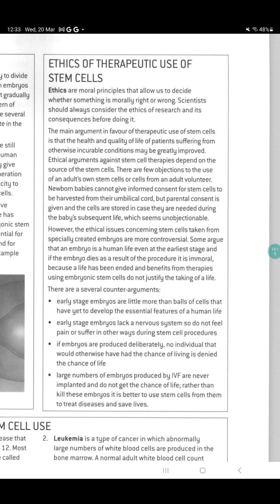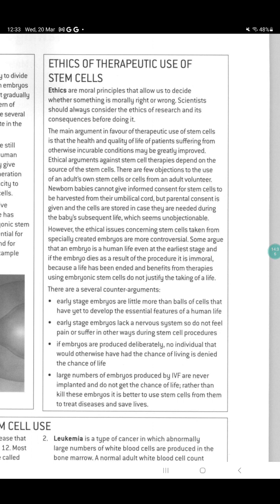The umbilical cord of a newborn baby is a great source of stem cells, abundantly present. So in a few cases we extract some of the stem cells and preserve and freeze them for further use. However, the ethical issues concerning stem cells taken from specially created embryos are more controversial.